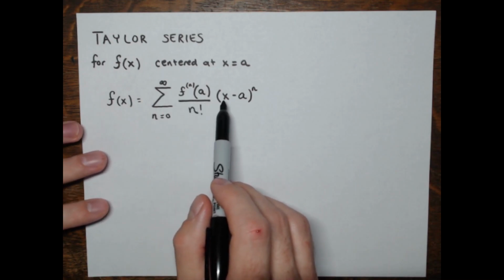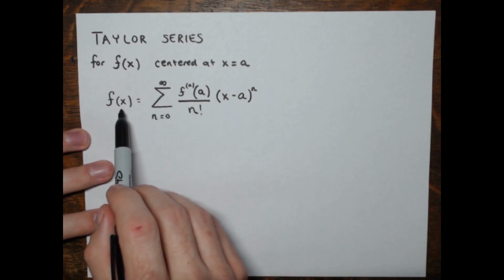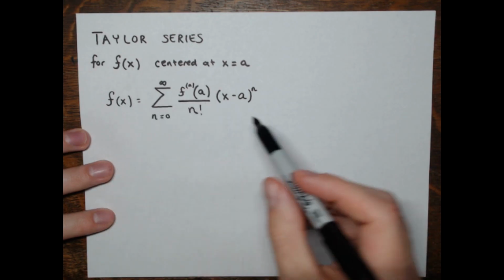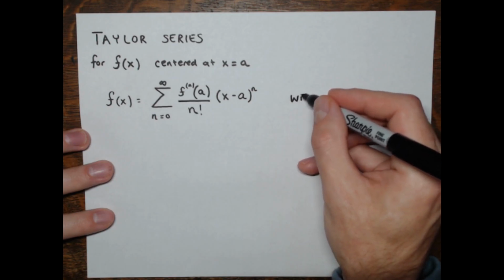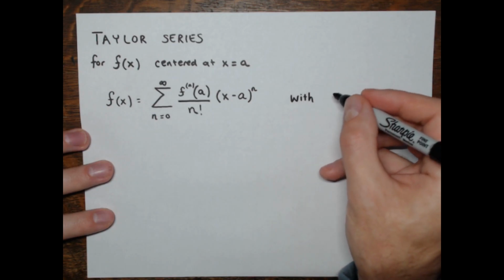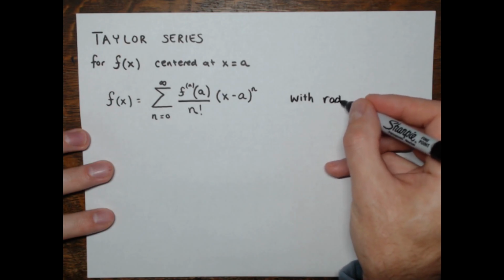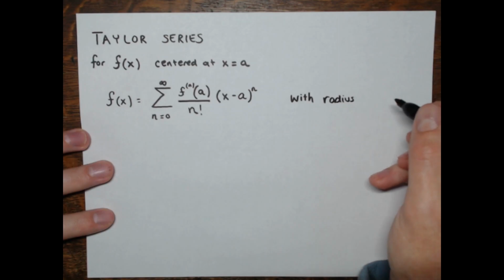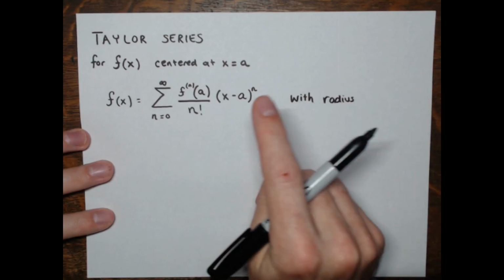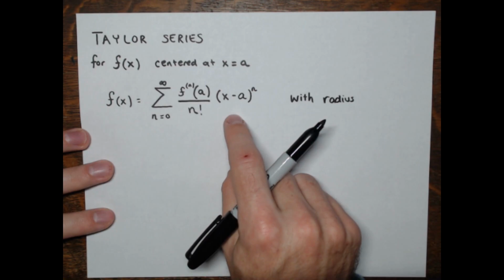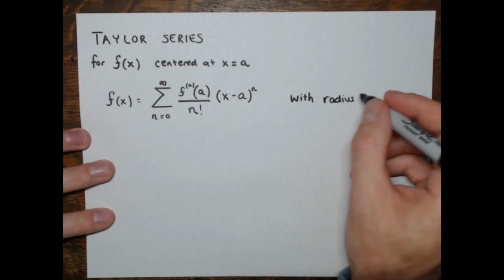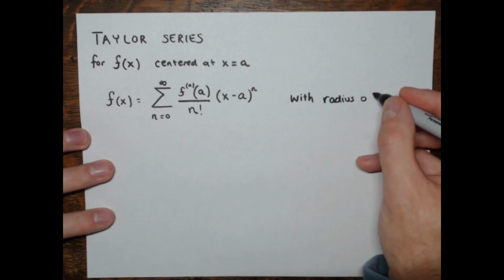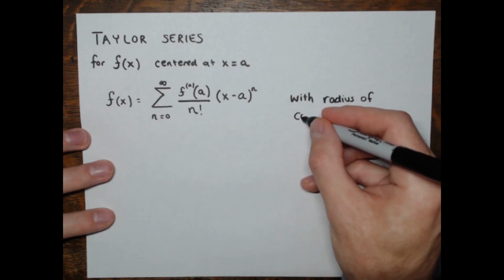And of course, we'd have to say that this series converges to this function at x for only certain values of x. So we'd have to also identify an interval of convergence and radius of convergence using the ratio test or something. You saw how to do that for a power series in the section 6.1 or 6.2 videos, those assignments. So we'd set up some series for a function and then also have to determine some interval and radius of convergence.